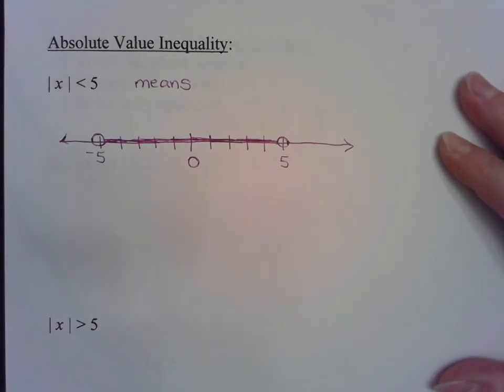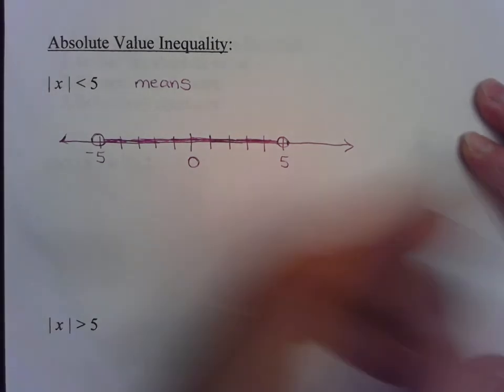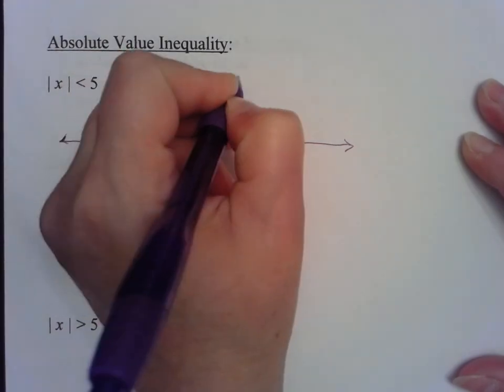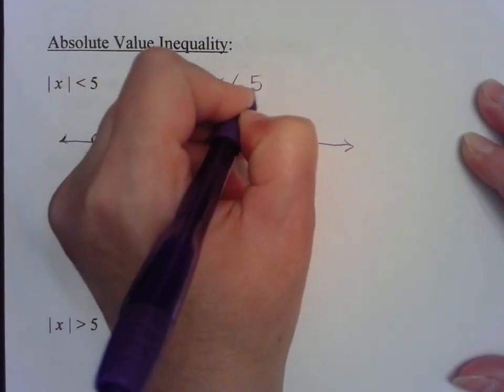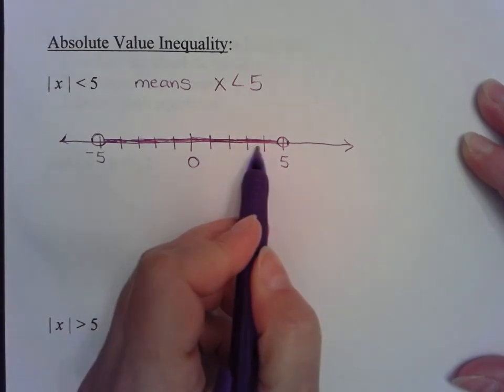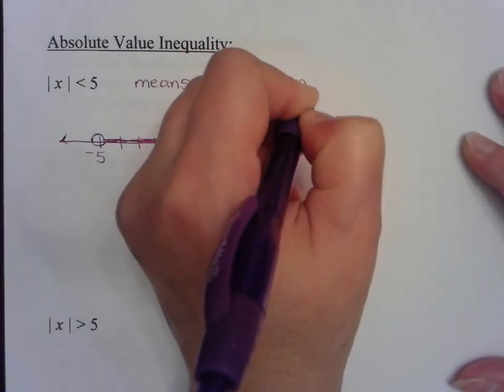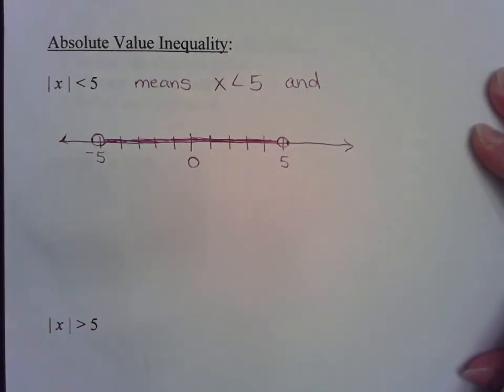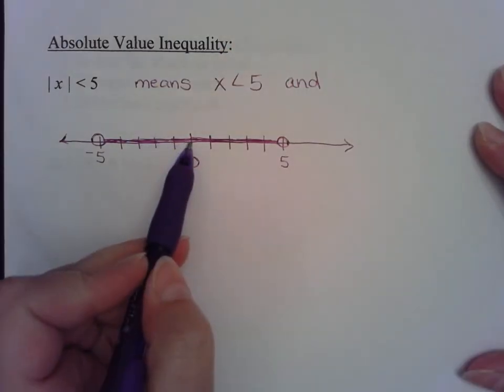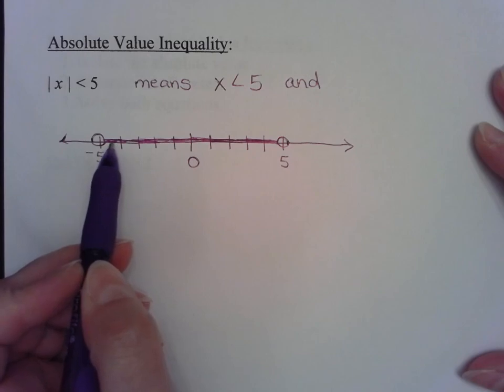Right? So we have the same 2 cases for an inequality. We have x values or numbers that are less than 5. This is sort of what we were talking about over here. And at the same time, we have numbers that are greater than -5.